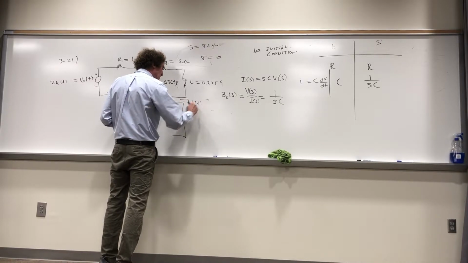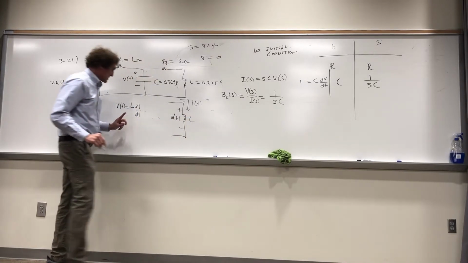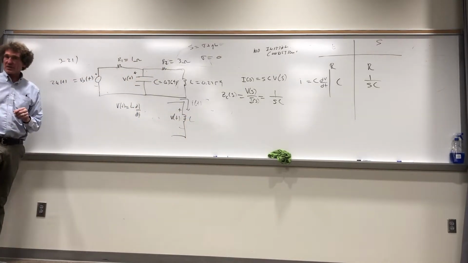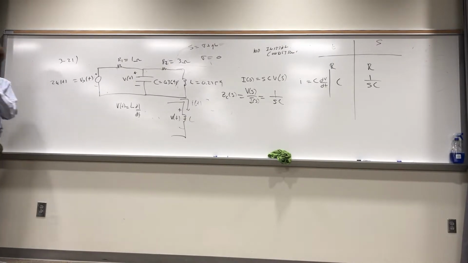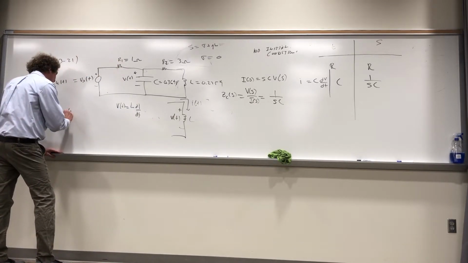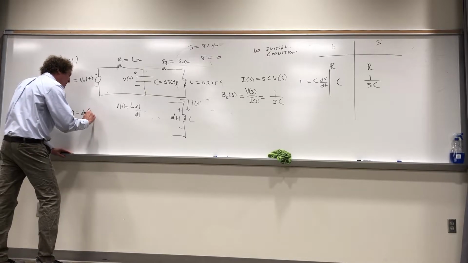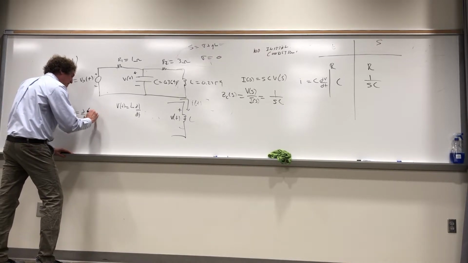If there's a current I of t here and a voltage V of t here, an inductance L, this is the differential equation that governs the relationship between current and voltage in an inductor, correct? That's not exactly true. I'm going to do this just for you people. When you get down the road, actually if you have an inductor there, the voltage across an inductor is equal to d/dt of the product of L times I.